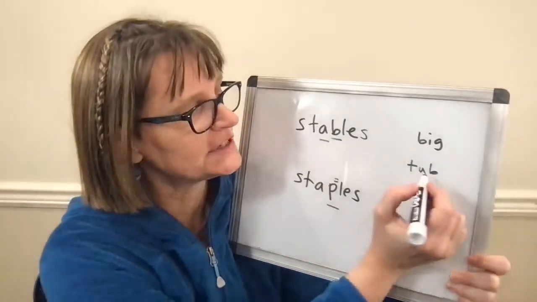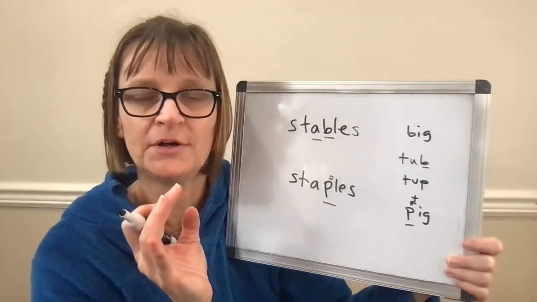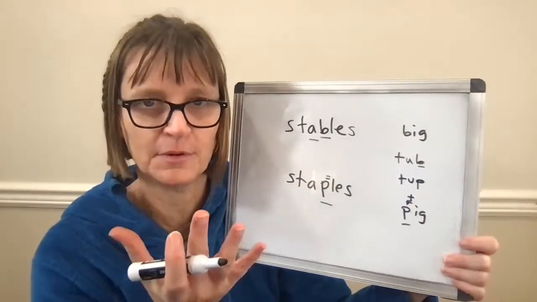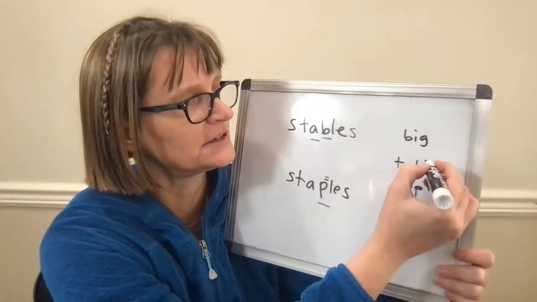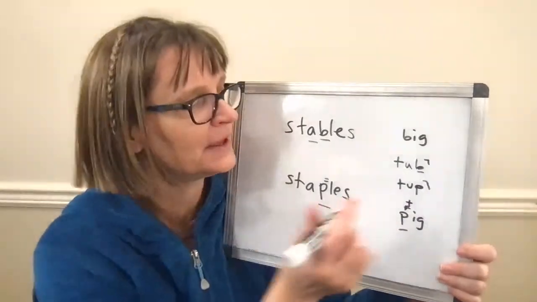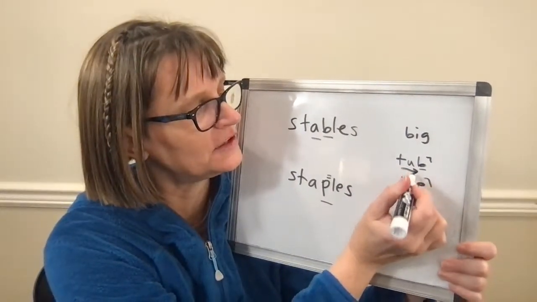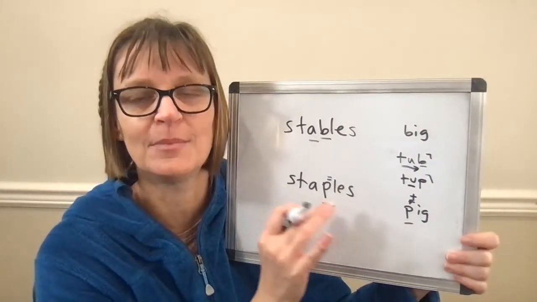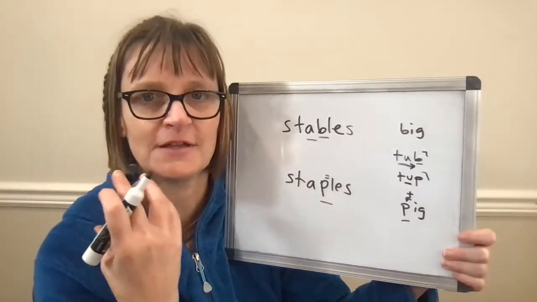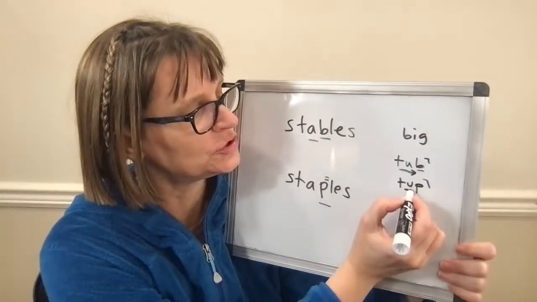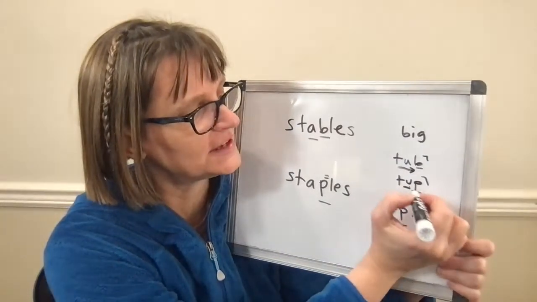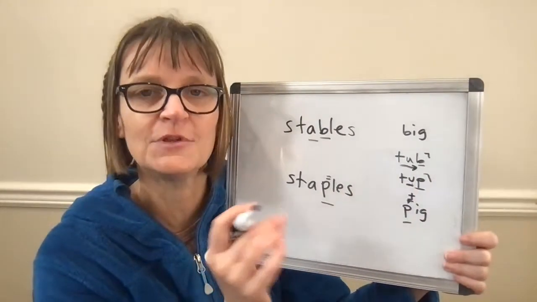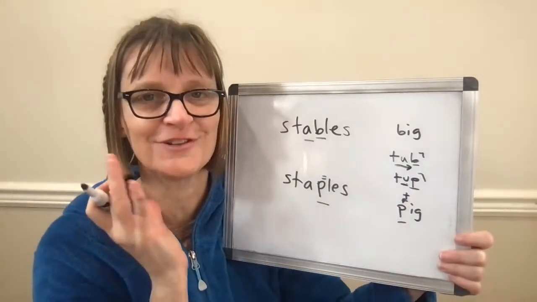The main difference is really not that I'm saying tub with a voicing or tup with a burst of air, because for stop consonants at the end, I typically don't release them. The main difference here is that the U, the vowel sound, is longer in tub. I say tub and tup. Since this one is short, you perceive this as a P, and tub, you perceive that as a B because you hear the length of the vowel.